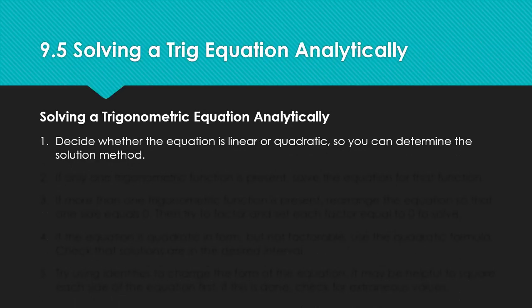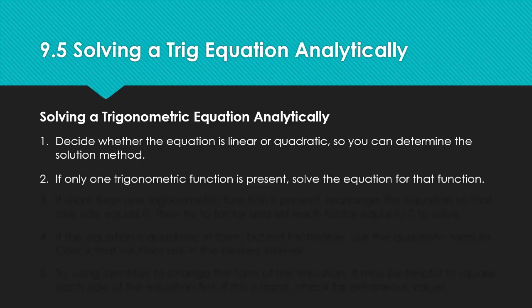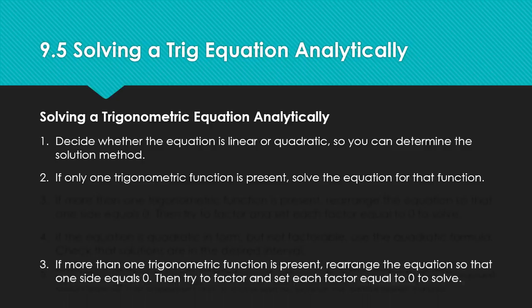So steps to solving a trig equation. First of all, decide whether it's linear or quadratic, because that's going to determine what you do to solve it. If there's only one trig function present, then you just solve for that function. So if it's only got tangents in it or it's only got sines in it, it makes it a little easier, and you just get that function on one side, get everything else on the other.